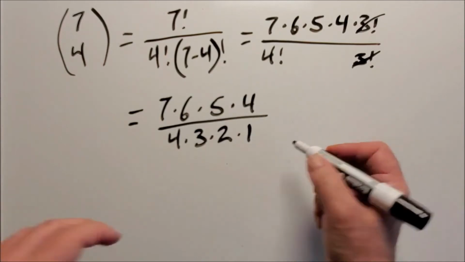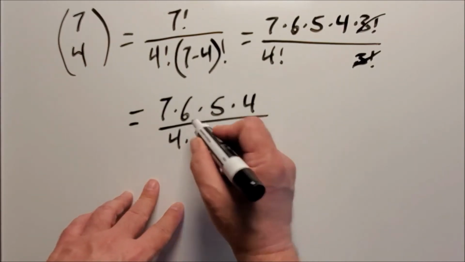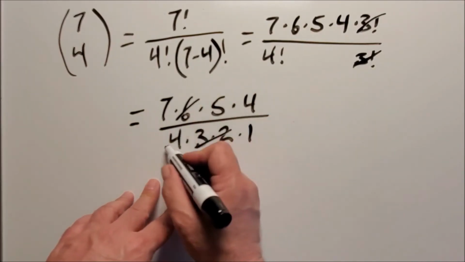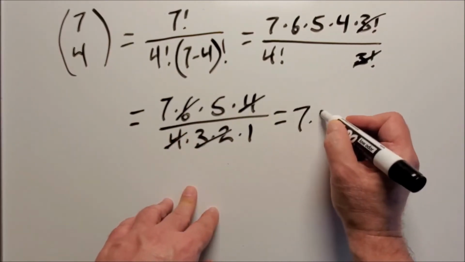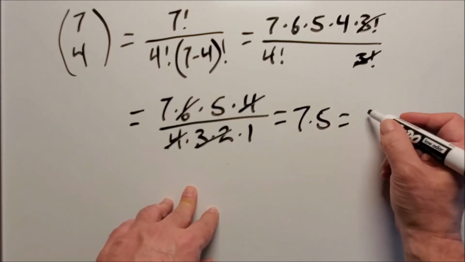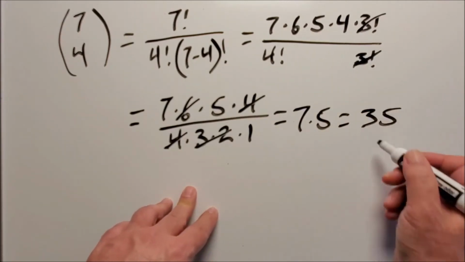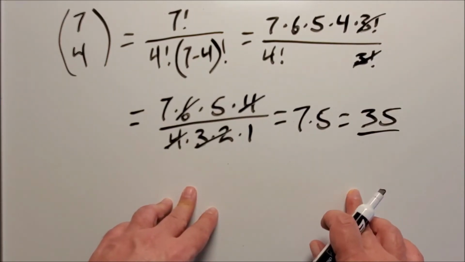Well, look where we are. The 3 times 2 still cancels versus that 6, and we have a 4 canceling this 4, and again we're left with 7 times 5, which is 35. So we're still in the same spot. It comes out to be the same.